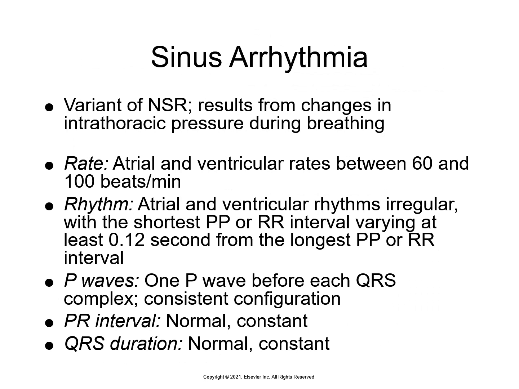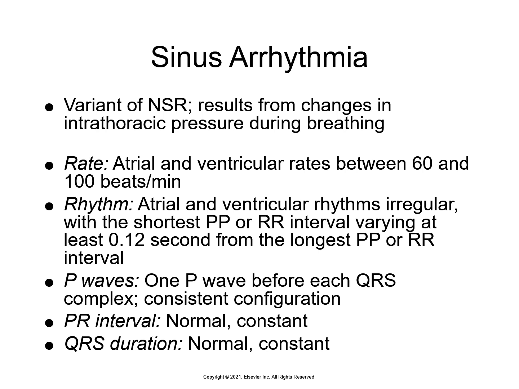Now there is a variant, the sinus arrhythmia, and you see this mostly in children. There is a little bit of a change because when they breathe, the intrathoracic pressure causes a little delay. You're still going to have a rate of 60 to 100, and the atrial and ventricular rhythms may be a little bit irregular.